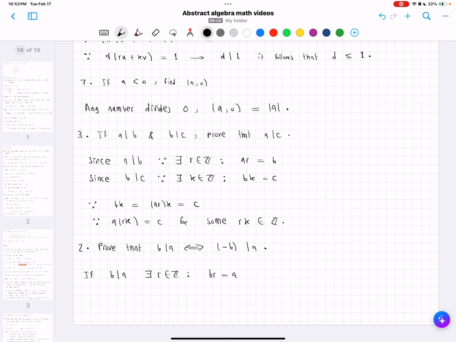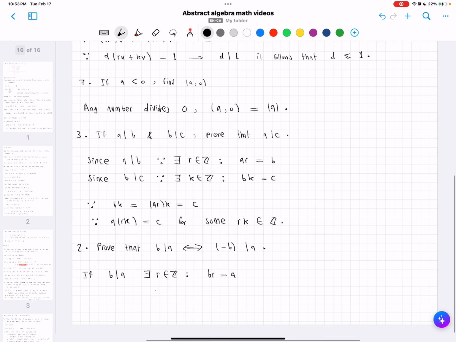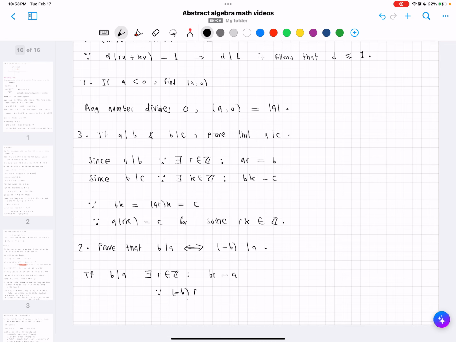So that means that minus b times r is minus a, so minus b times minus r is a.